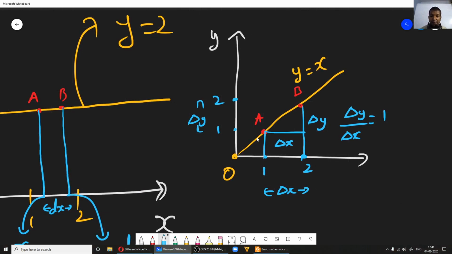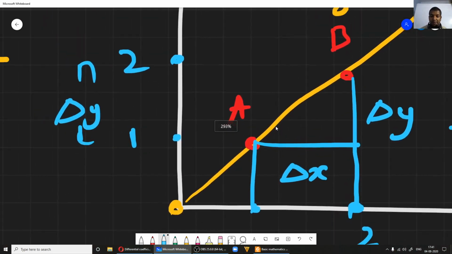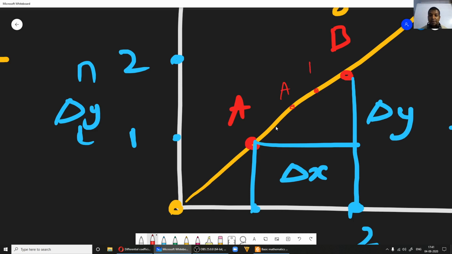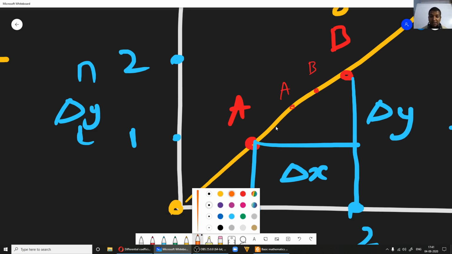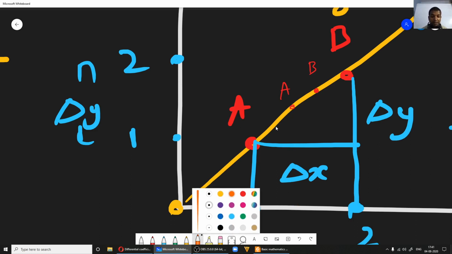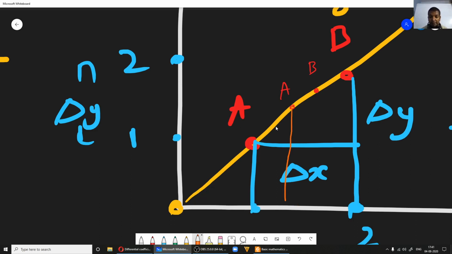Now we will look at the minimum possible value. Now we will look for dx. We will choose 2 points such that point A is here and point B is here. When I draw perpendiculars here, you are getting dx.